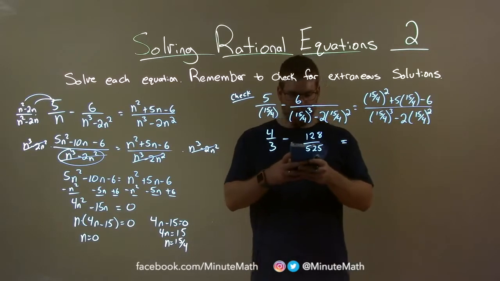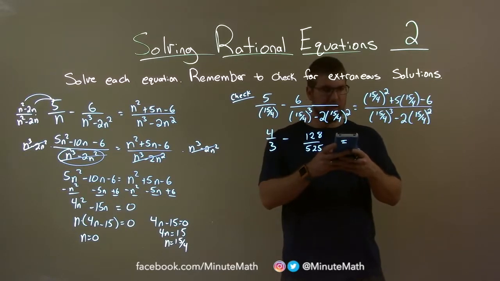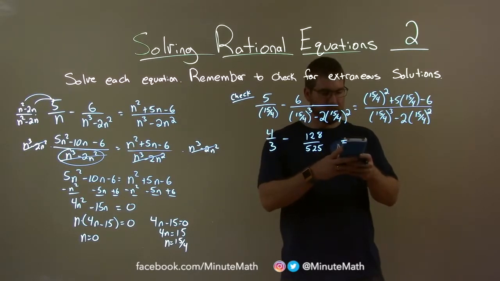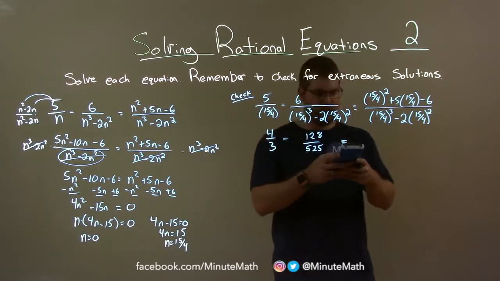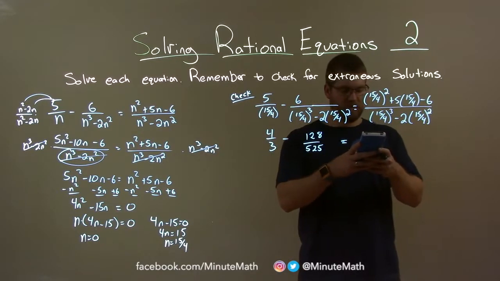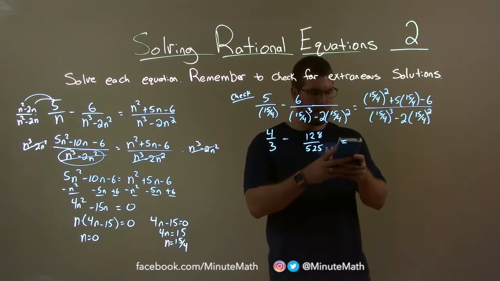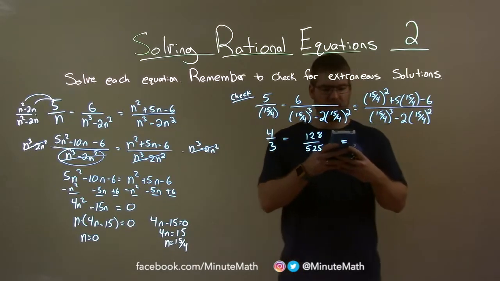Here, same thing. 15 divided by 4 squared plus 5 times 15 divided by 4 minus 6 divided by 15 divided by 4 to the third power minus 2 times 15 divided by 4 squared. And what's this fraction here?